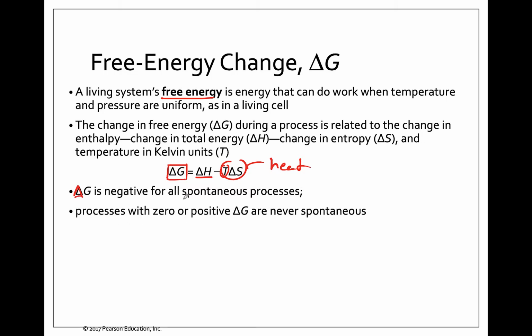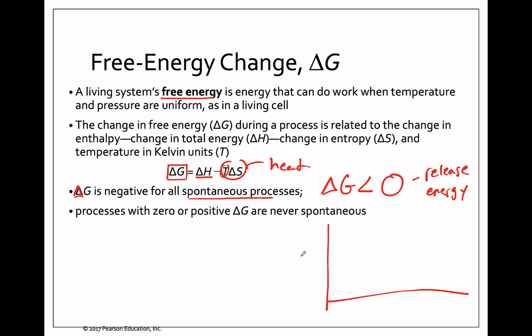If delta G is negative, so that means that the change in G is less than 0, this number is a negative number. That is going to be a spontaneous process that is going to release energy. So we can kind of see this drawing an energy graph. So our G is going to be over here. This is free energy. We'll do a bar graph with our reactants as our starting materials and our products as our finishing materials.